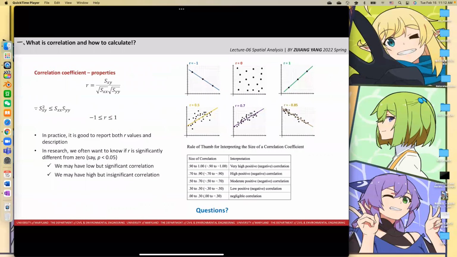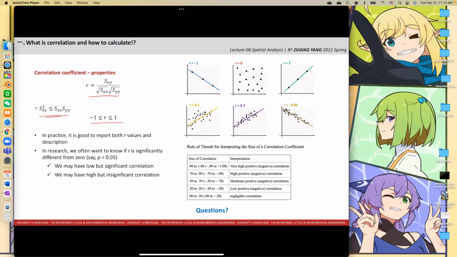This slide is talking about the properties of correlation coefficients. Based on its definition, we can see that the square of SXY is smaller than the product of these two. In other words, the correlation coefficient is in this range: greater than or equal to -1, and smaller than or equal to +1.